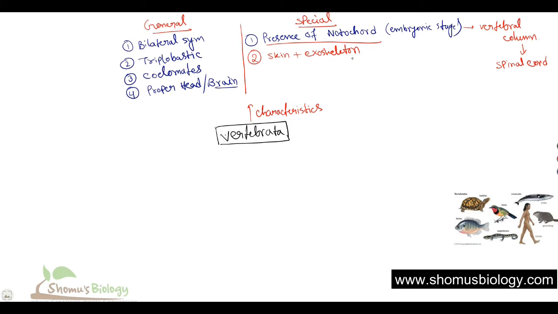We know the exoskeleton is present outside for insects, but in this case what we mean by skin covered with exoskeleton is that we have either hairs present on the surface of the skin, scales present on the surface of the skin, or what else, feathers can be found on the surface of the skin, etc. Hairs found in mammals, scales found in amphibians and reptiles, feathers found in aves, scales also found in pisces, right? So these modifications are also there.